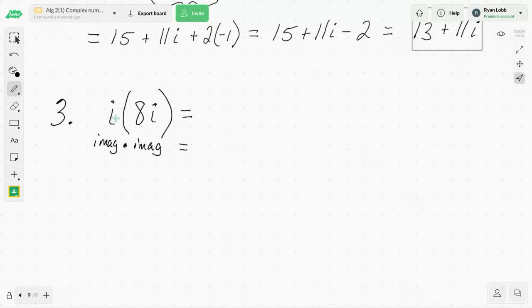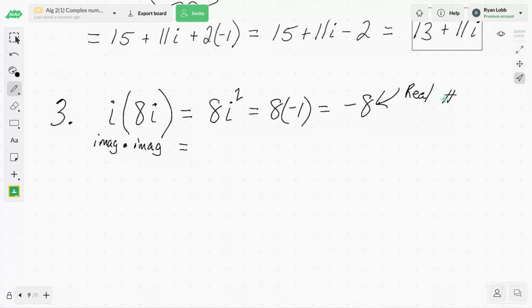Well, in this case, i times 8i is 8i squared. Okay, what is i squared? i squared is equivalent to 8 times now negative 1, which is negative 8. And what is negative 8? Negative 8 is a real number.